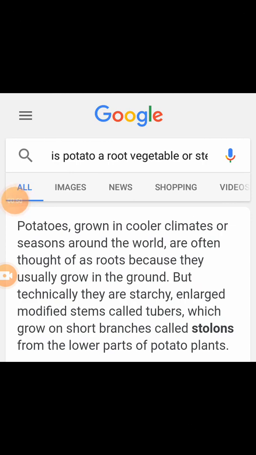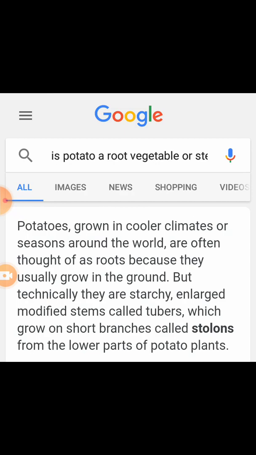But if we talk technically, they are starch-enlarged modified stems called tubers, which grow on short branches called stolons from the lower part of the potato plant.